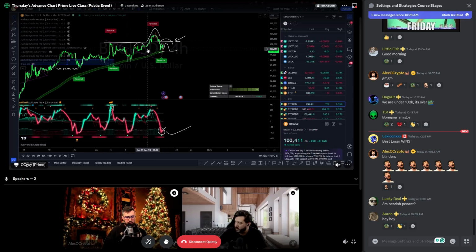A possible head and shoulders. Not too good, because it could be quick to where? To the breakout direction, and that is right downwards, right? So is it a dangerous point? Absolutely.